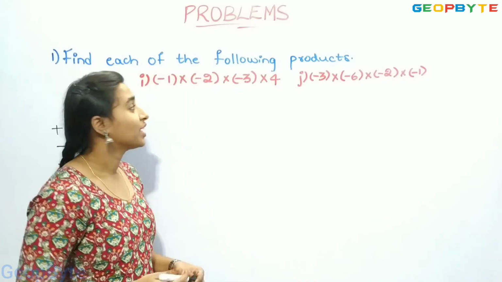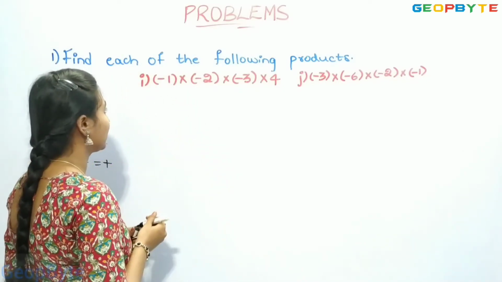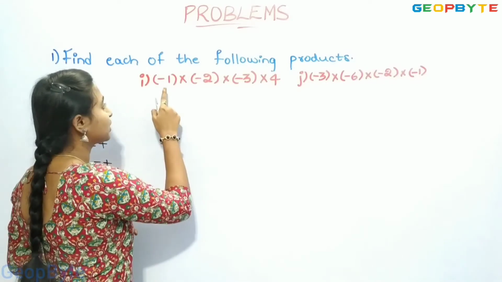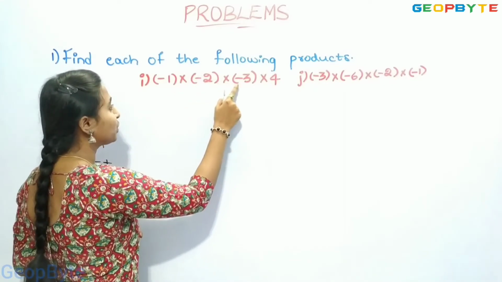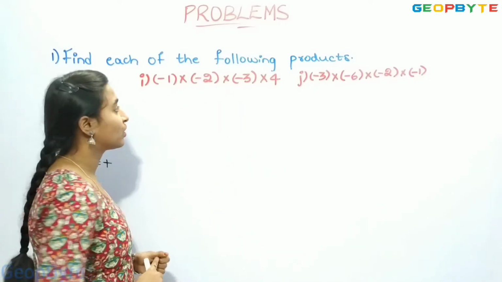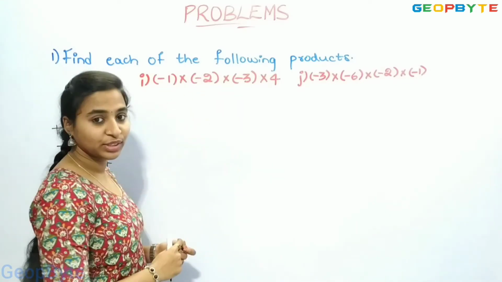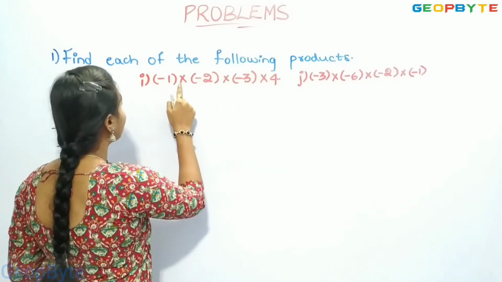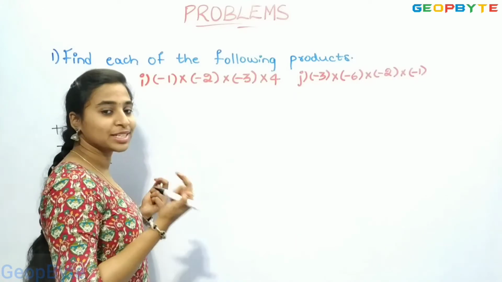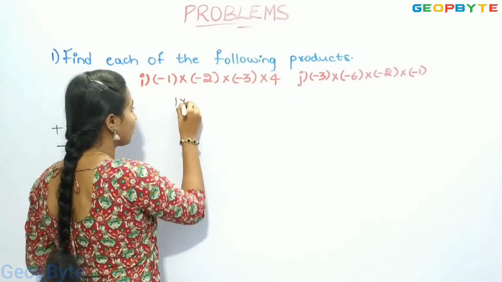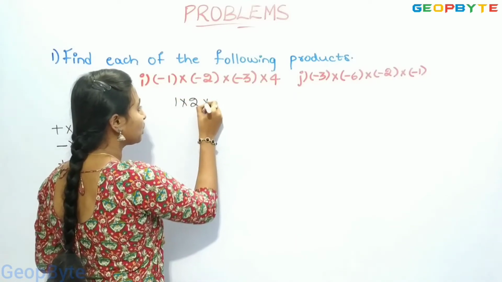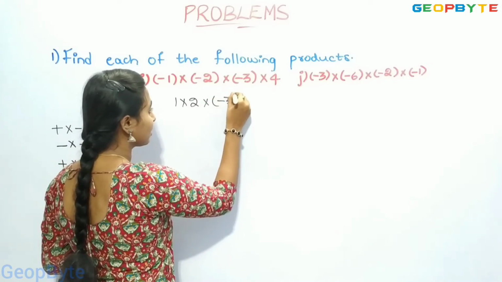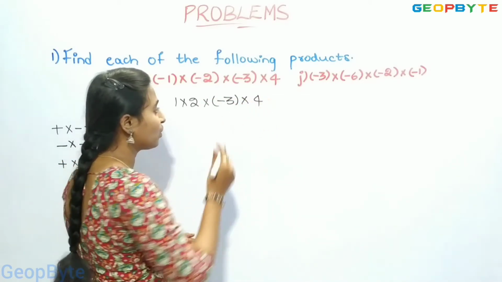Right? Now, let us solve this bit. We have minus 1 into minus 2 into minus 3 into 4. First, consider these two numbers. Minus into minus becomes plus, that is 1 into 2 into minus 3 into 4.